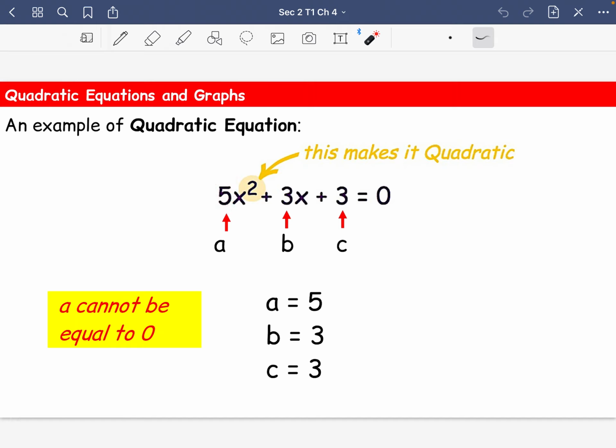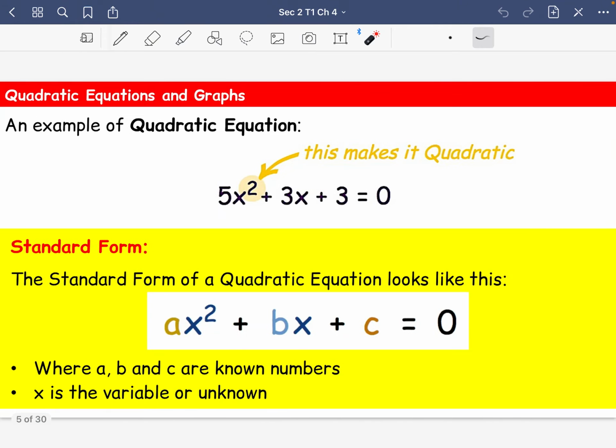Take note again that a cannot be equal to 0, because if this x squared disappears, this is not a quadratic equation anymore. It's just a linear equation. Again, this square here makes this a quadratic equation.